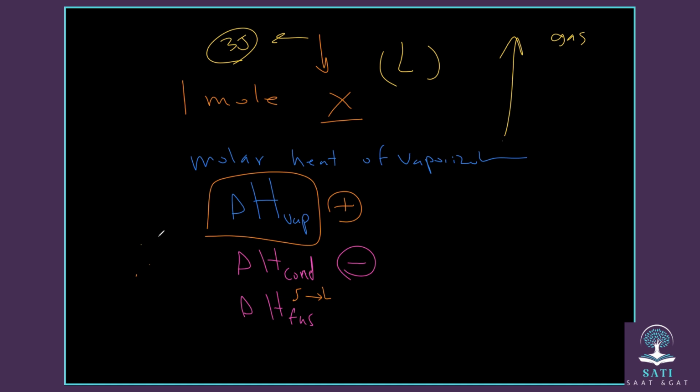It needs heat. So that means this is endothermic, and this will be positive. The molar heat of fusion is the heat required to convert 1 mole of a substance from solid into liquid. I'm talking about 1 mole, so this is molar. And once you find the molar value, you can convert for any given number of moles by multiplying by this number.